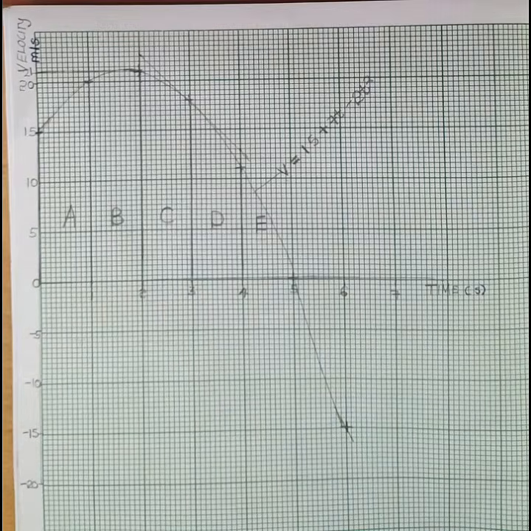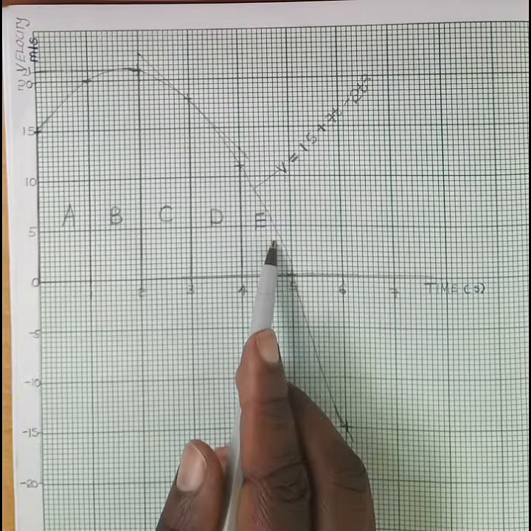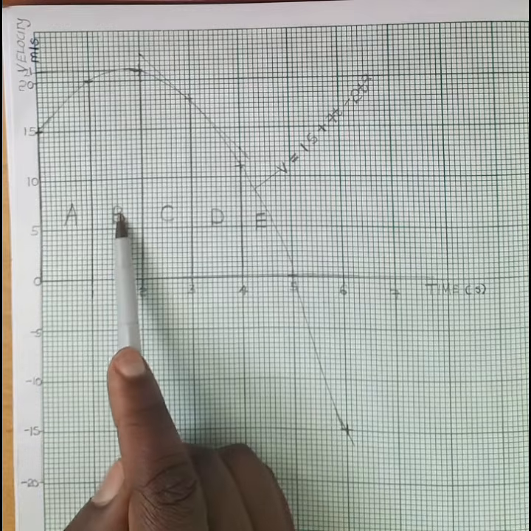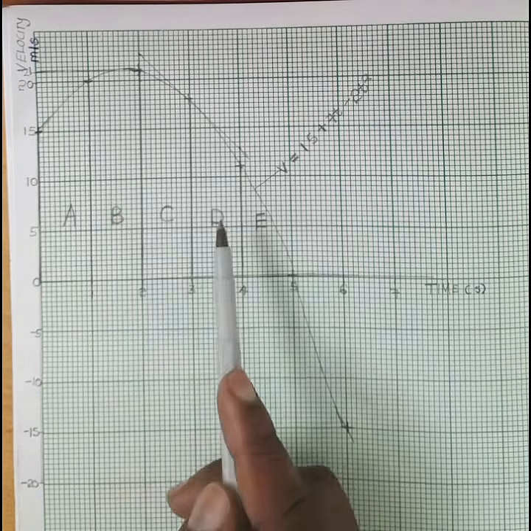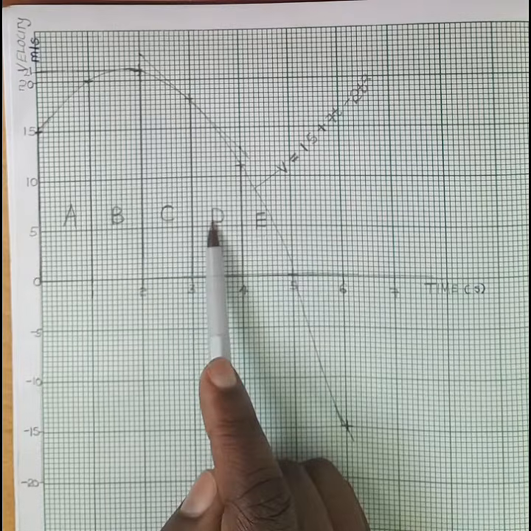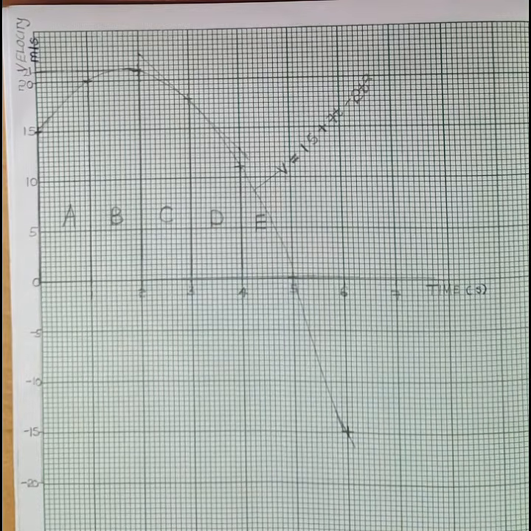So we are going to divide the graph into trapeziums and then a triangle. This is our first trapezium. This is our second trapezium. This is our third trapezium, our fourth trapezium, and then finally our triangle E.